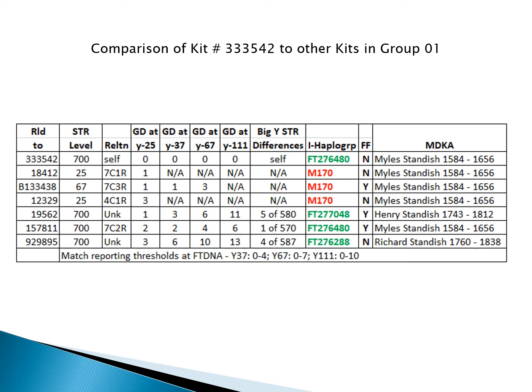The two Miles Standish males have fewer STR matches beyond 111 STRs. The SNP IM170 is about 25,000 years old. I'm also IM170, however, not at all related within a genealogical time frame to Miles Standish or the other Standishes.